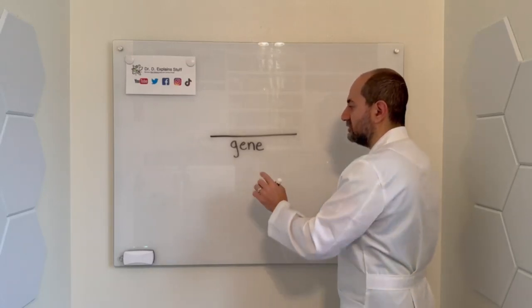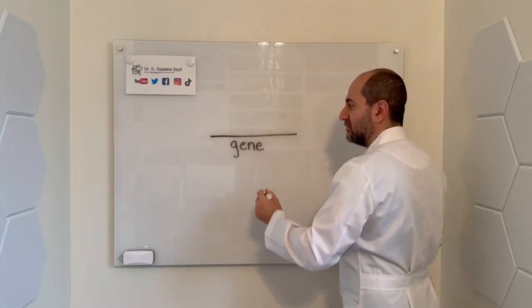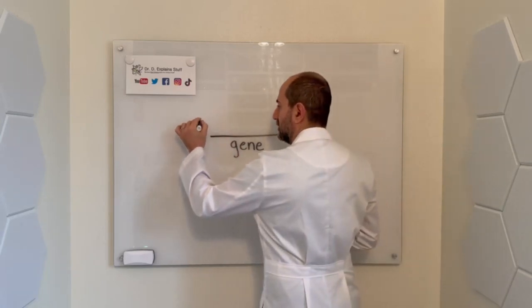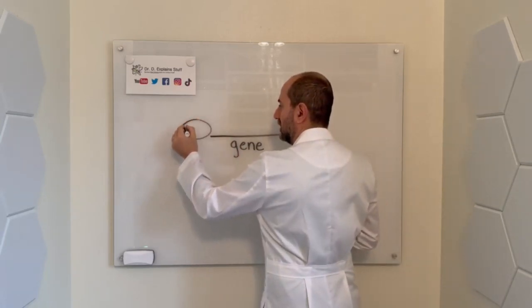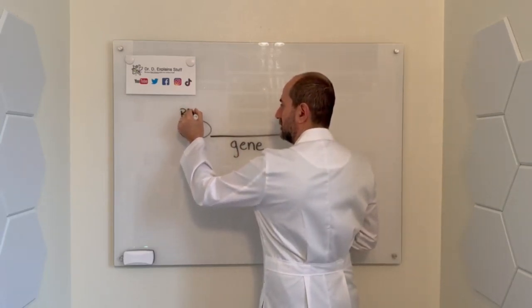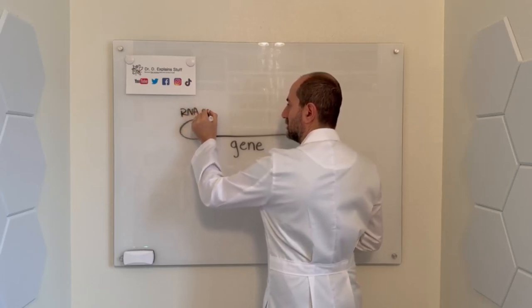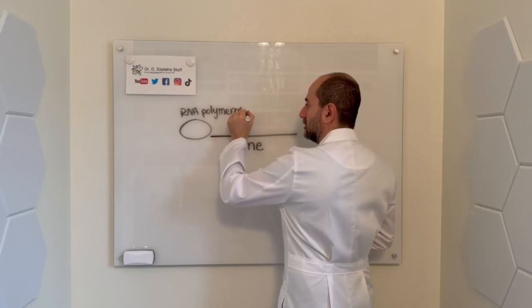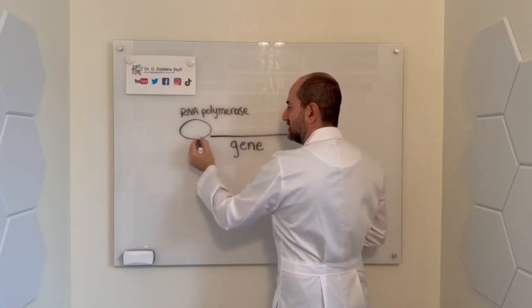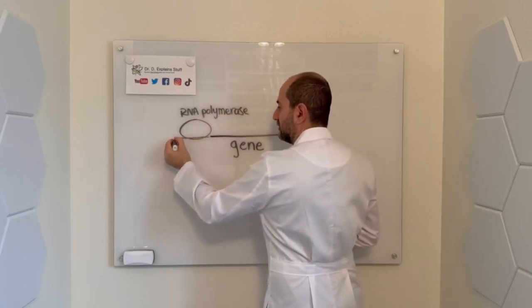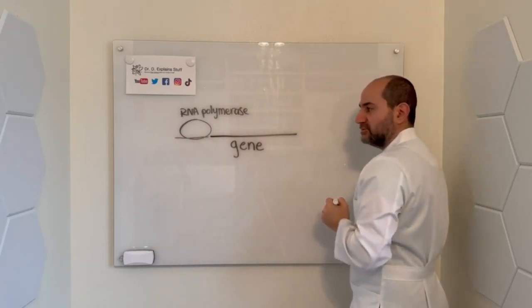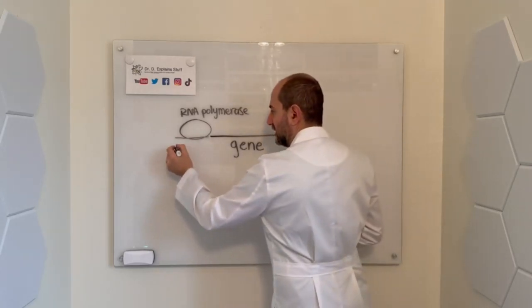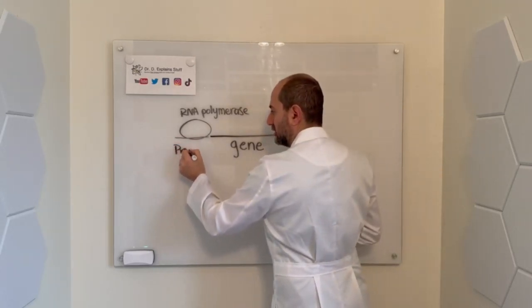And in order to express this gene, remember, there is an enzyme called RNA polymerase. RNA polymerase attaches in front of the gene. It's called upstream of the gene at a site called the promoter.